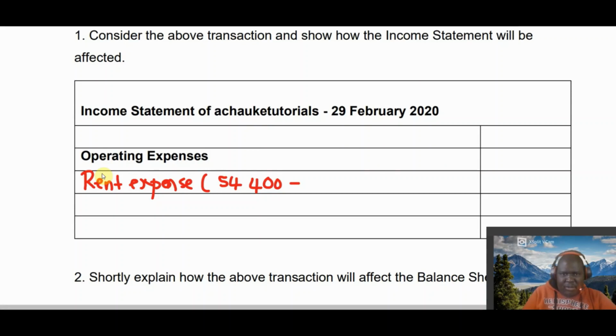You can maybe show here that minus 3,600 multiplied by 2.